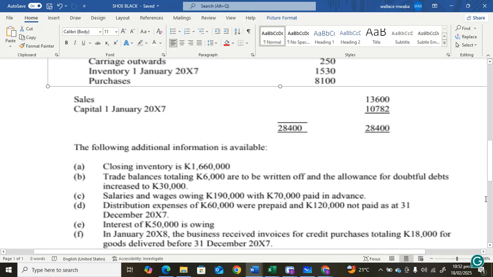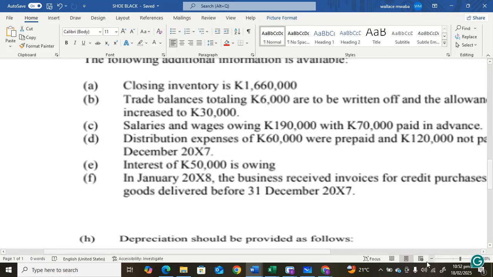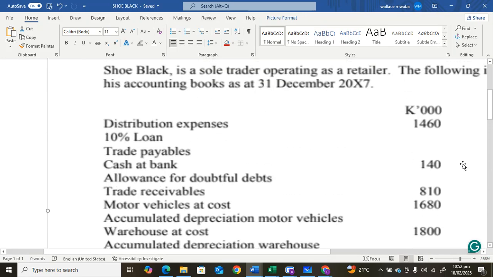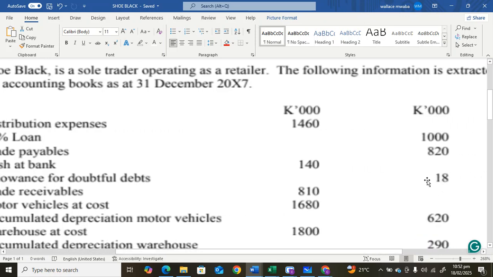When I did my tabulations and took it as an increase from 18,000 to 30,000, and made my balance sheet, it was not going to balance.